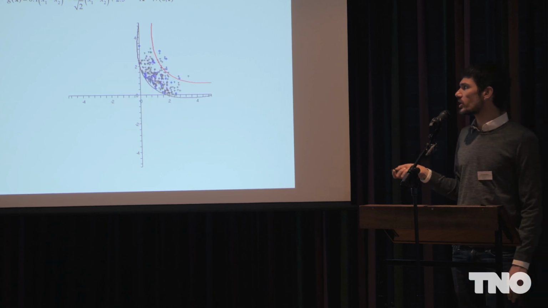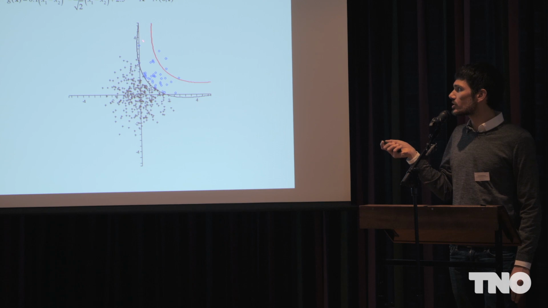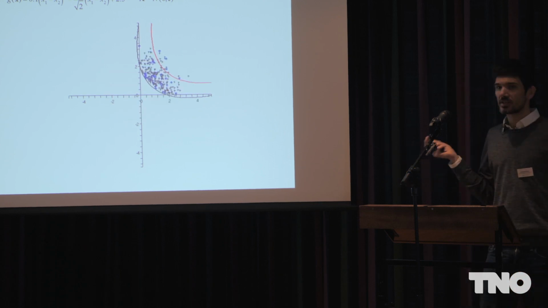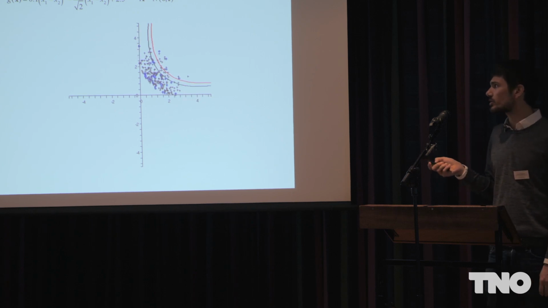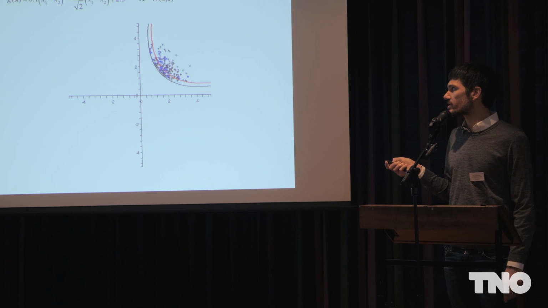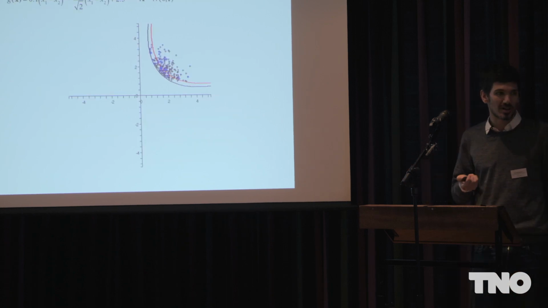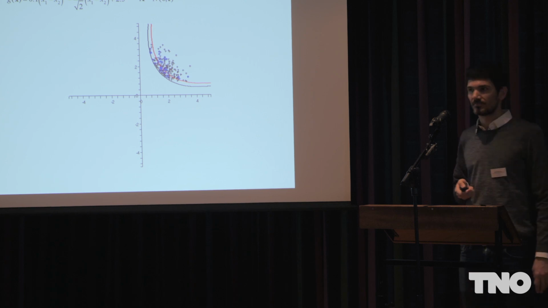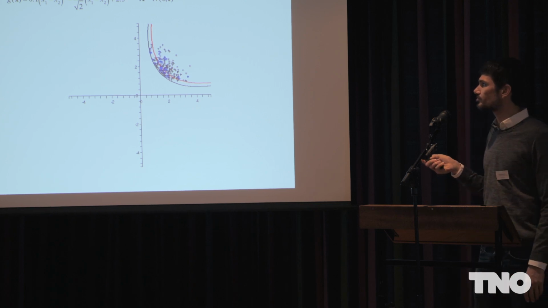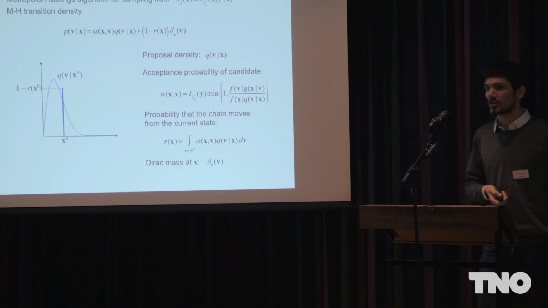Okay, so what we need to do then is to start the chain from each of these samples and generate the samples in the next failure domain. And we continue the same way until we reach samples that follow the optimal importance sampling density. Okay? This is how the method more or less works.